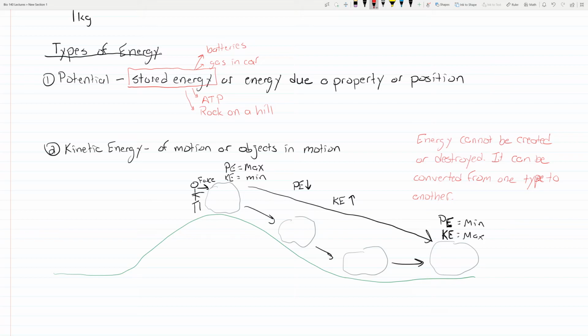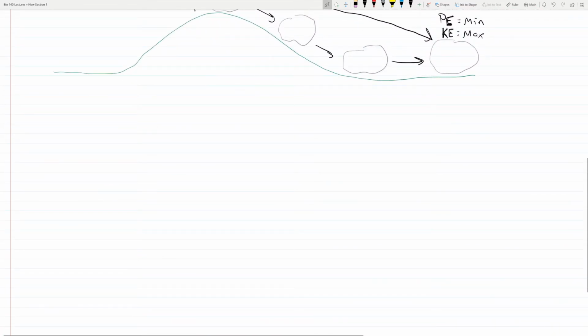So we've gone through kinetic energy, potential energy, the definition of energy, work, force, and the basic definition of energy itself. So now we're going to look at matter. Matter is anything that has mass.